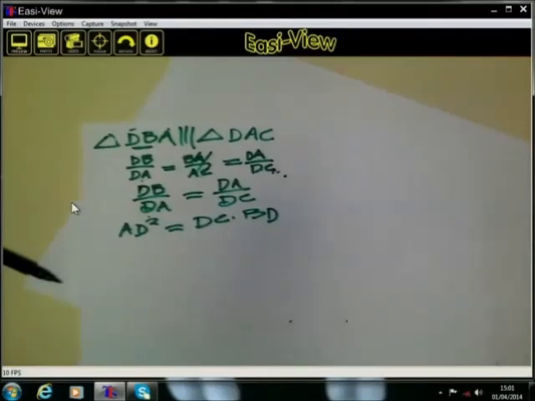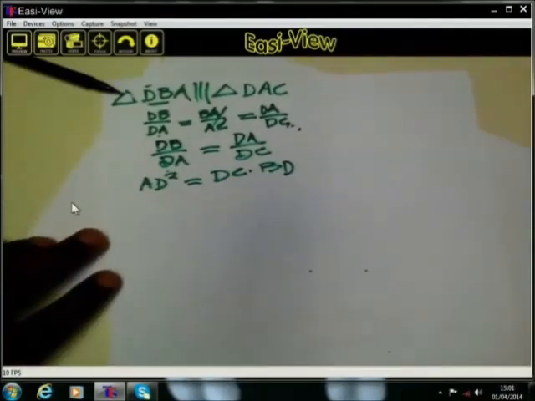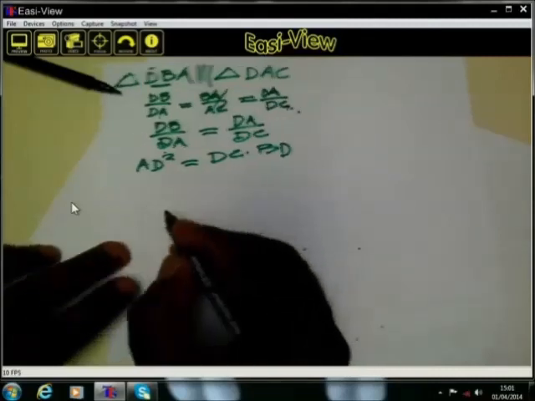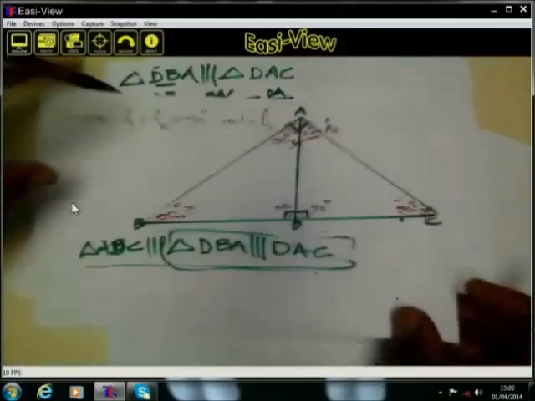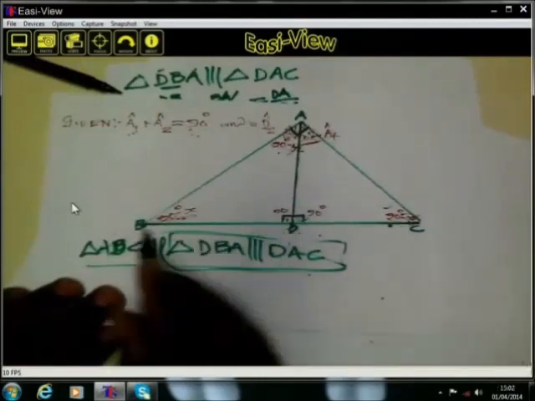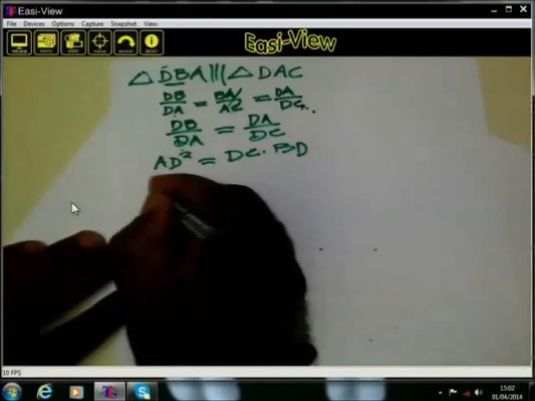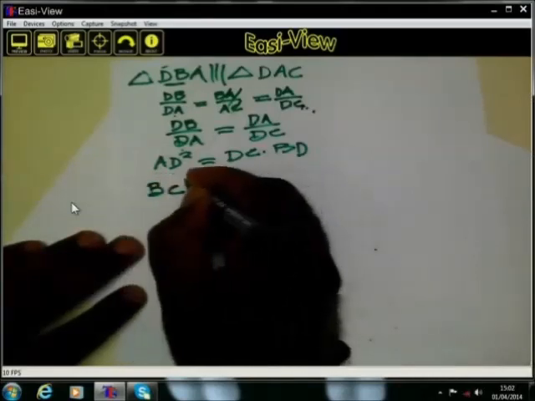Now let's quickly recap, because I've said this is just an introduction of Pythagoras theorem. From Pythagoras theorem we know it says the hypotenuse. If we go back to our triangle, this is the hypotenuse, BC squared. This is what Pythagoras theorem proclaims.